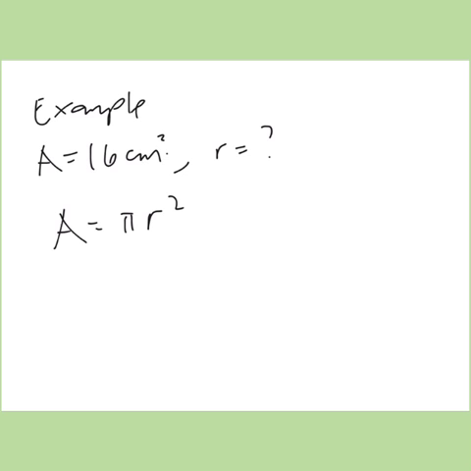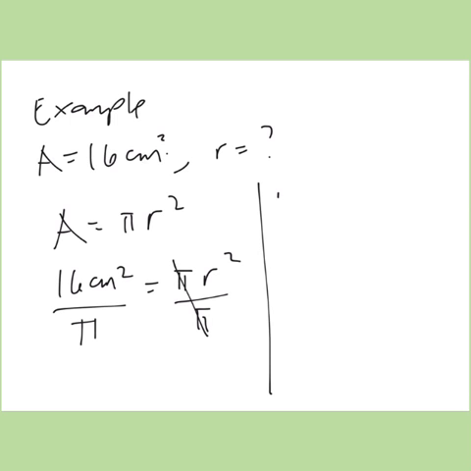Another example. If the area of our circle is 16 centimeters squared, what is the measure of its radius? So area equals pi r squared. 16 centimeters squared equals pi r squared. Divide both sides by pi. So r squared equals 16 centimeters squared over pi.